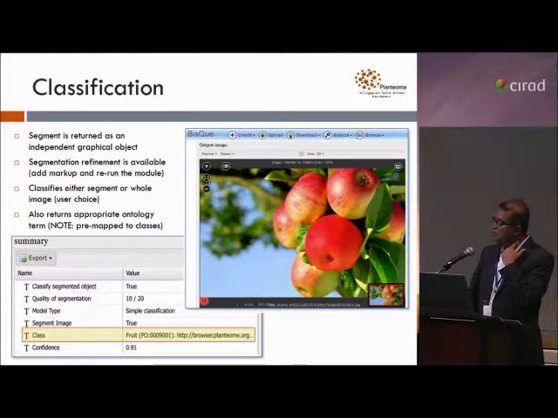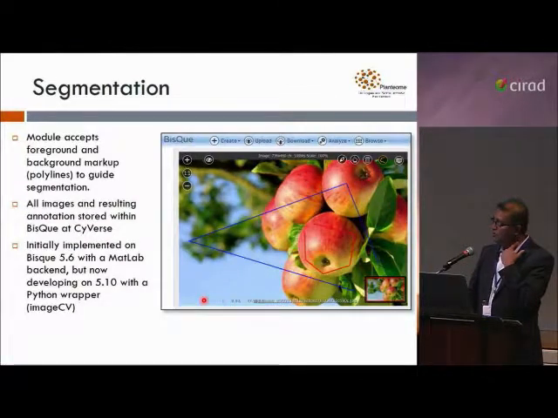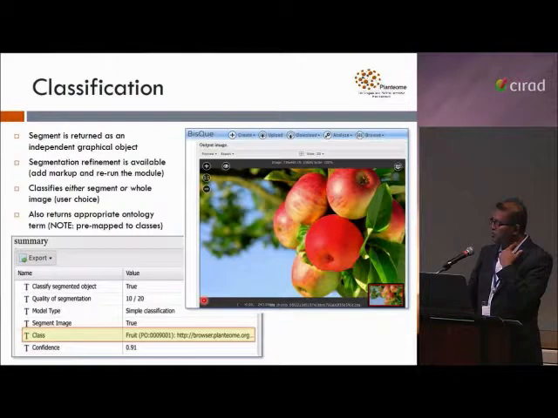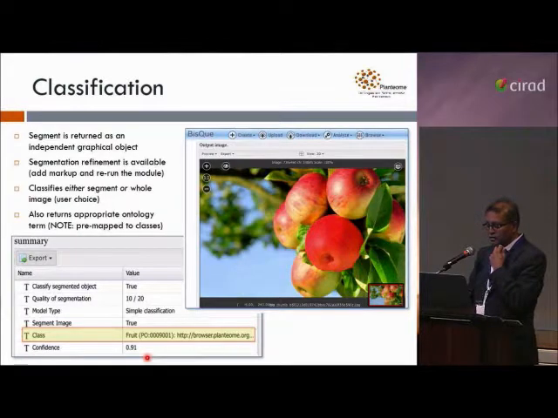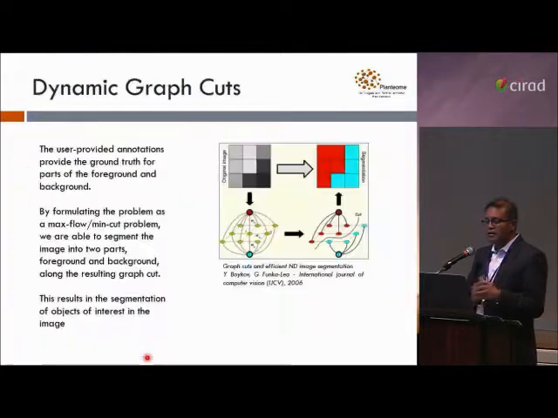In this case, we made a segment, and then we allowed it to find what that structure is, and then it automatically comes back and says it's a fruit with 91% confidence, based on the machine learning technology that we had. But again, we wanted to automate it more in that sense.